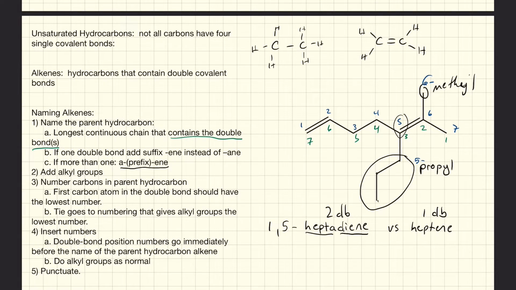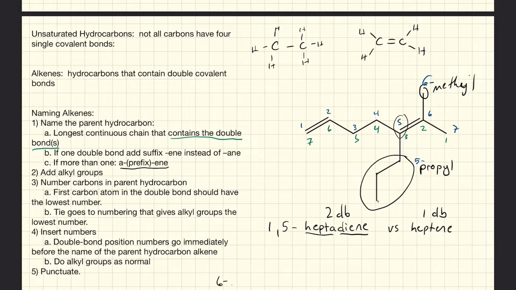So now I can kind of put everything together. So we're going to start with our 6-methyl because alphabetical goes first. 5-propyl. 1,5 heptadiene. Okay, 6-methyl, 5-propyl, 1,5 heptadiene.